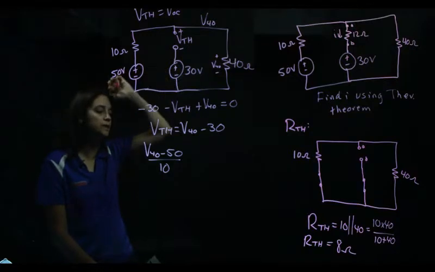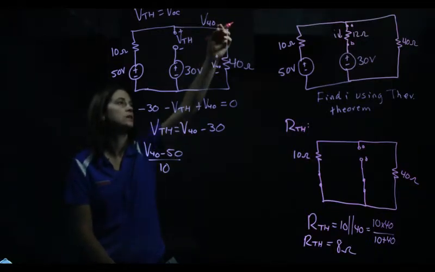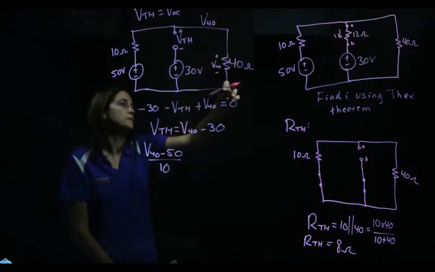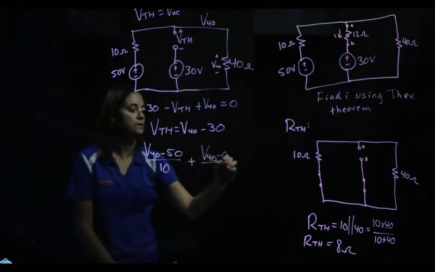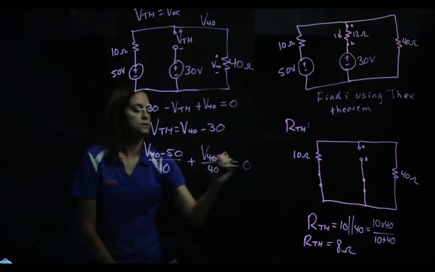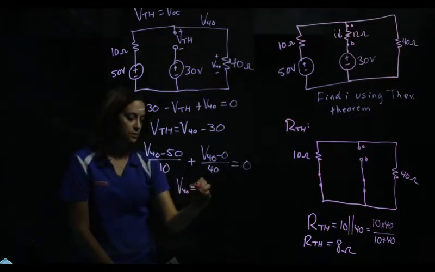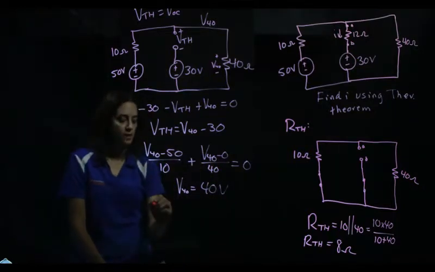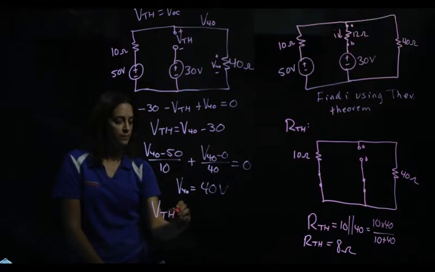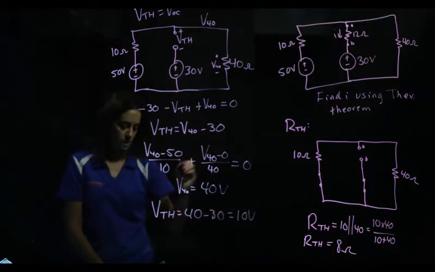This is an open circuit, so in Ohm's law, V equals IR, open circuit, current is 0. Don't need to worry about that voltage. V40 minus 0 over 40 equals 0. If I solve that, I get V40 equals 40. How ironic. That then means that my V Thevenin is 40 minus 30, or 10 volts.